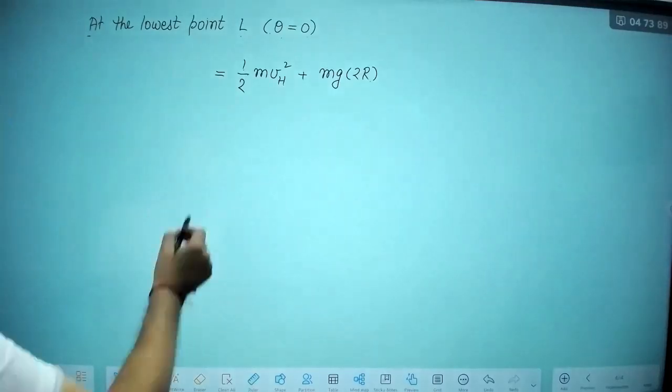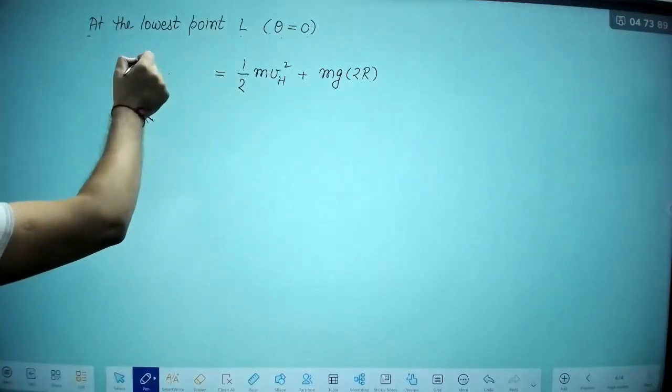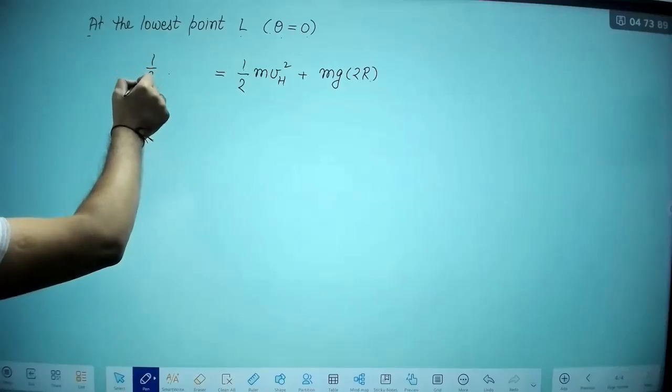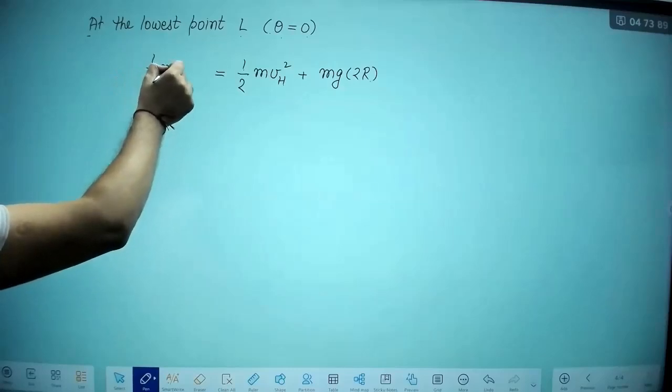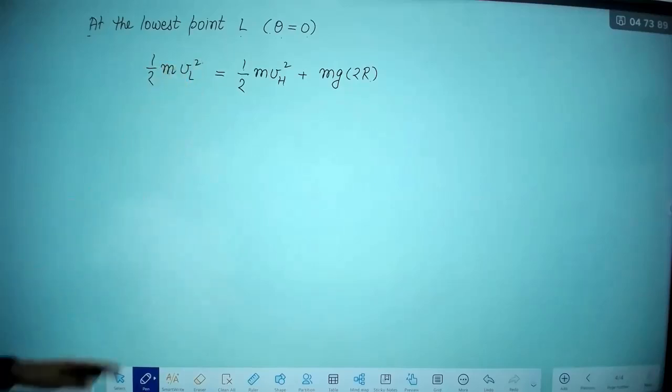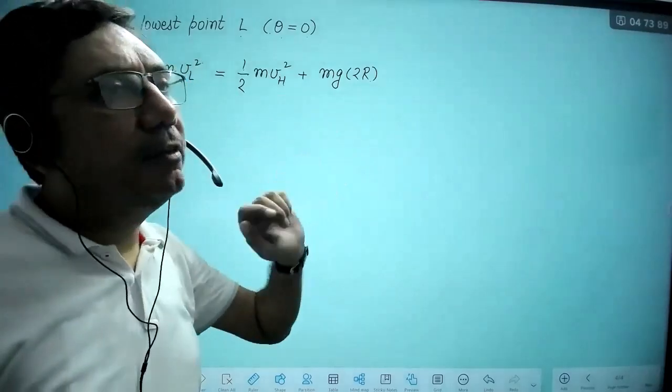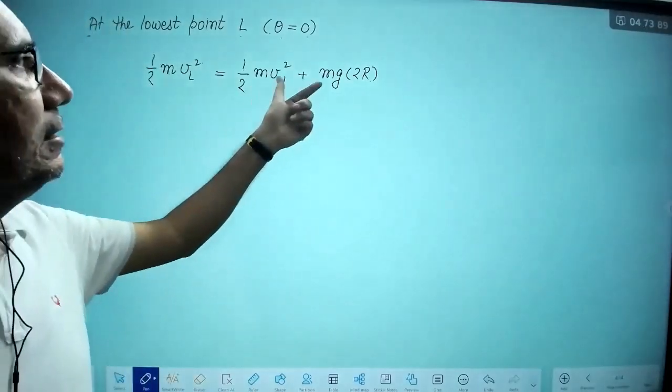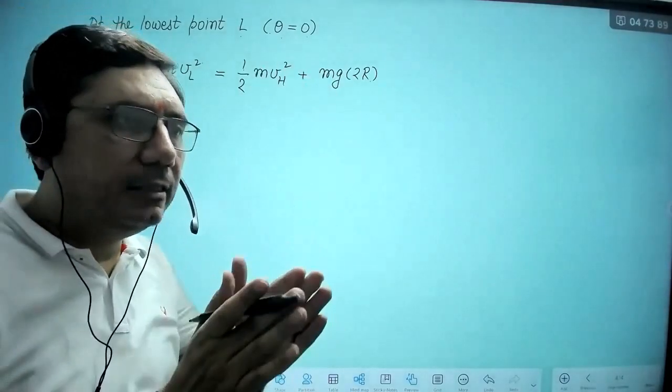It will be equal to the kinetic energy at the lowest point, which is 1/2 m vL square. This will be the conservation of energy principle. Kinetic energy plus potential energy remains the same.